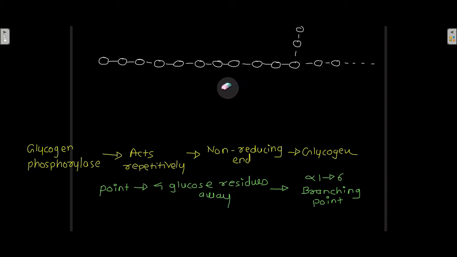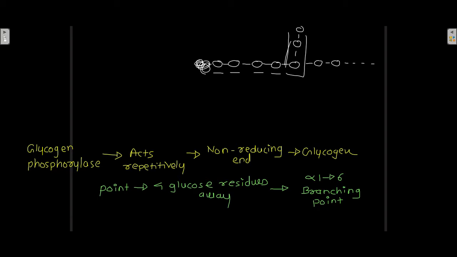Glycogen phosphorylase will come and remove glucose molecules one by one, up to the point where there are 4 glucose residues from a branching point. Up to this point only, glycogen phosphorylase is going to act.